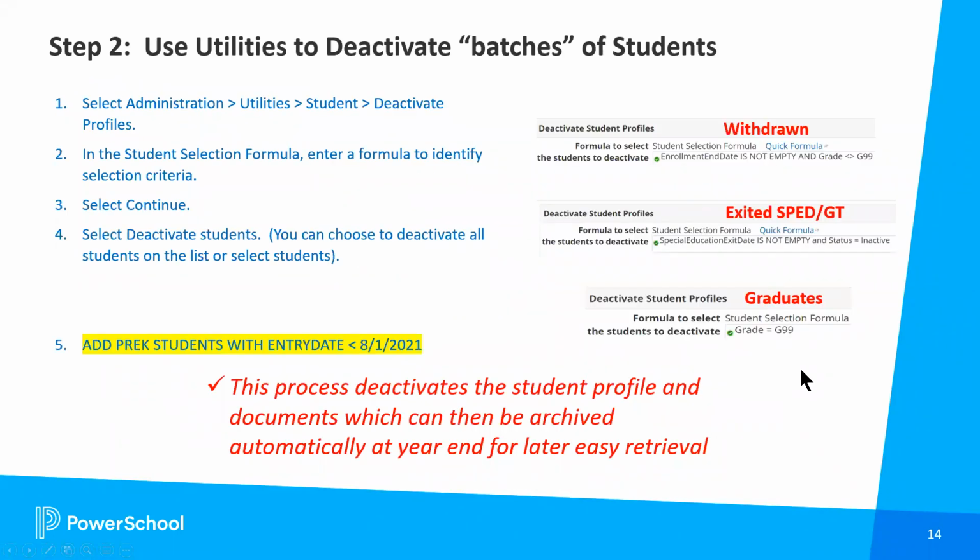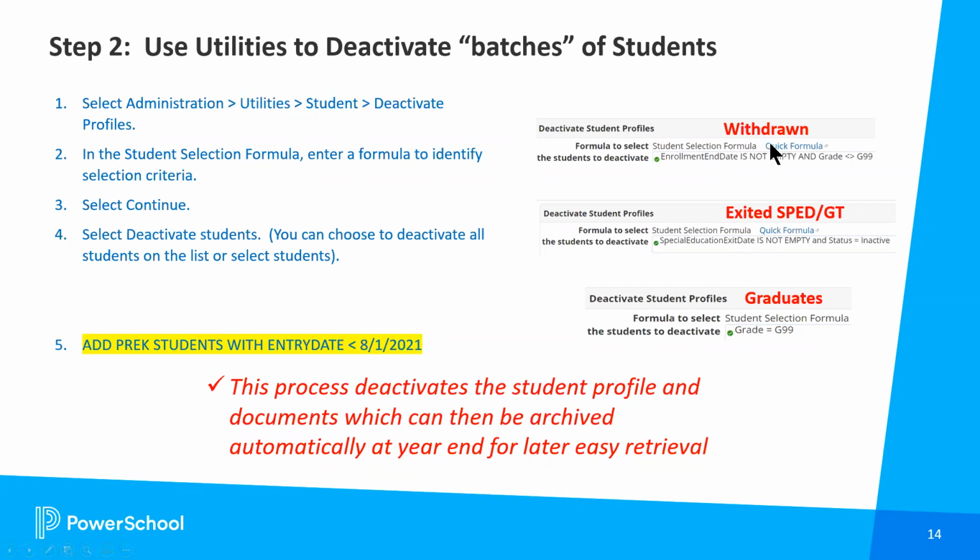But you might want to do it for other students as well. So I have given you some instructions for doing that, and the criteria based on what you're looking for, okay? So in order to deactivate, logging in as your admin, you would go to Administration, Utilities, Student, Deactivate Profiles, okay?